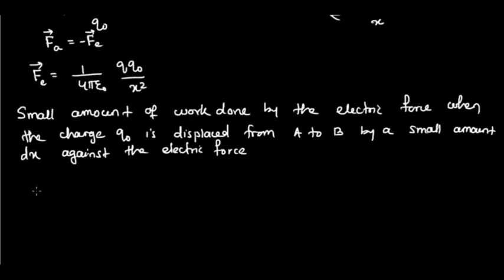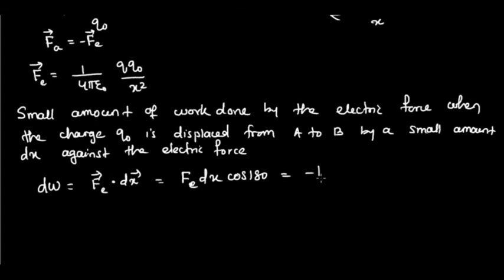We know that work done is the dot product of force and displacement. So it will be the dot product of the electrostatic force and the displacement dx. And we saw that the electrostatic force and displacement are opposite in direction. So I can write Fe dx cos 180, and cos 180 is minus 1.